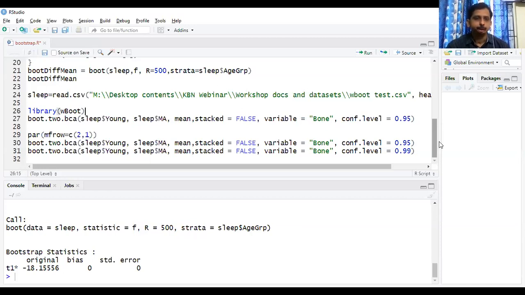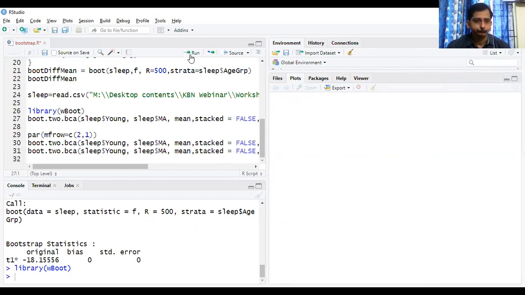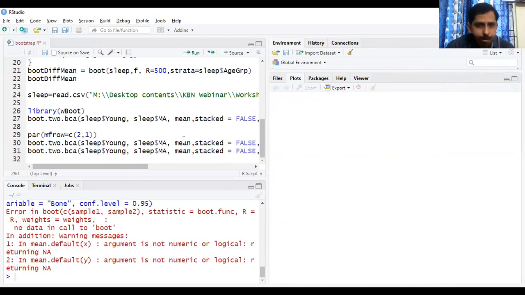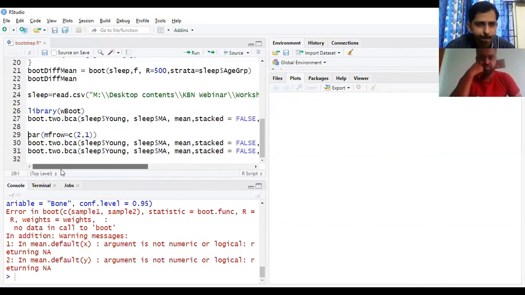Now let us run this, for which I need some space for the graph. Oh, I have to load the data.